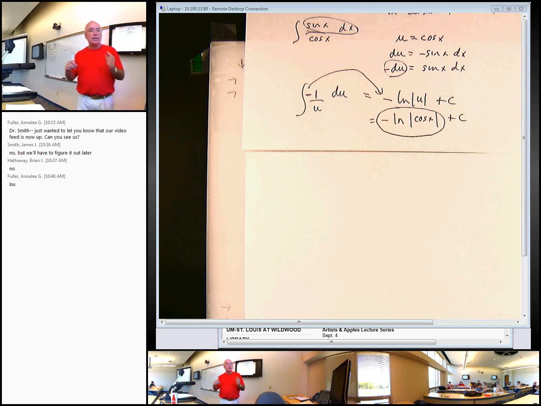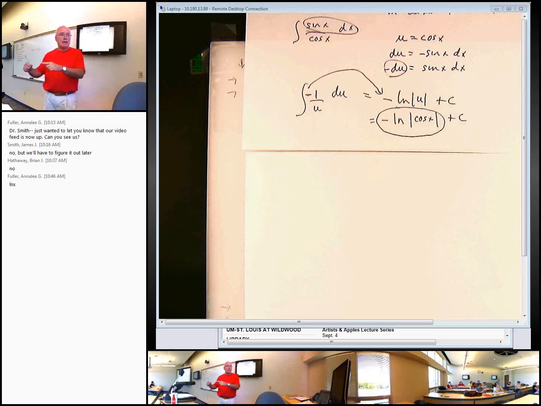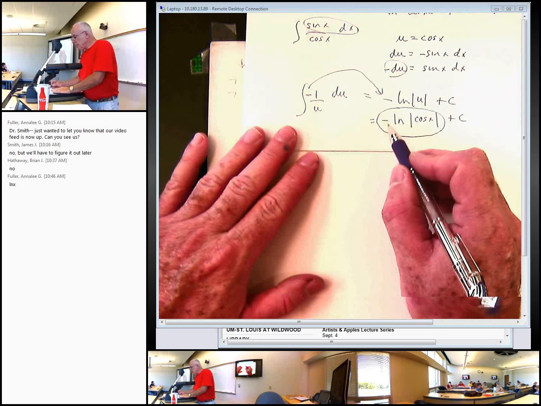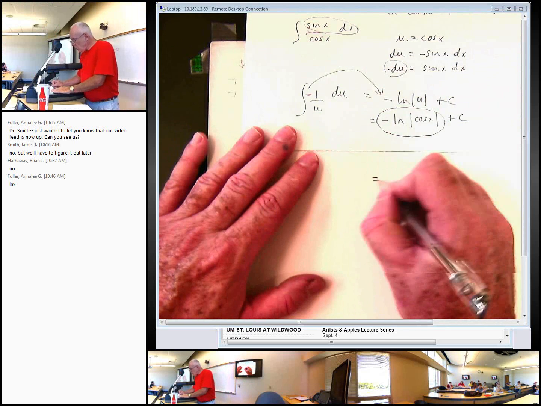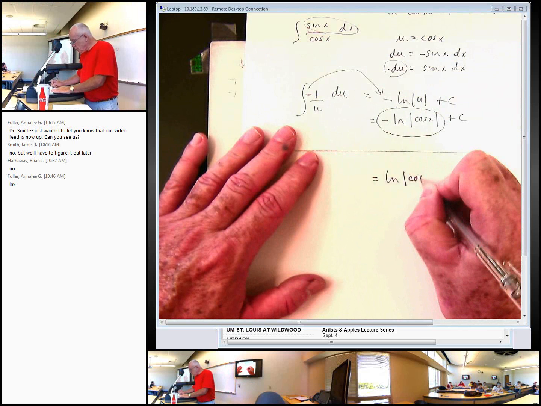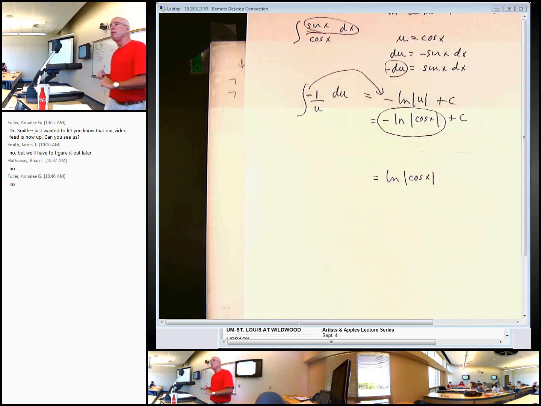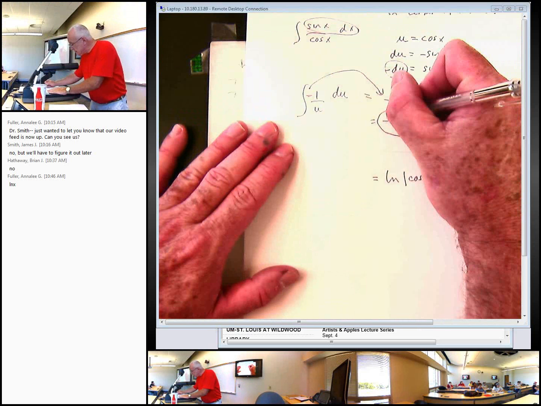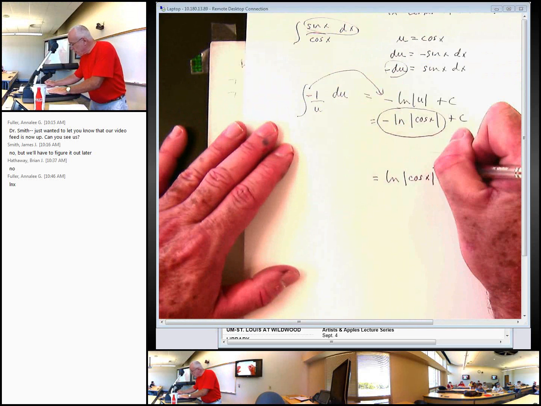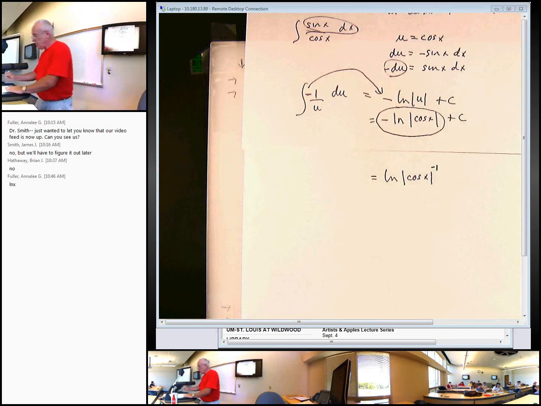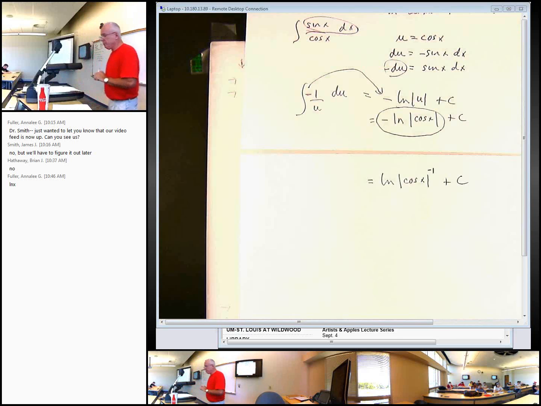Yeah, bring the -1 up as a power. Remember, we can do that, bring that minus up as a power. So I can write this then as the natural log of the absolute value of cosine of x, but I'm taking this minus and making it a power here. So that becomes -1 power plus the capital C.